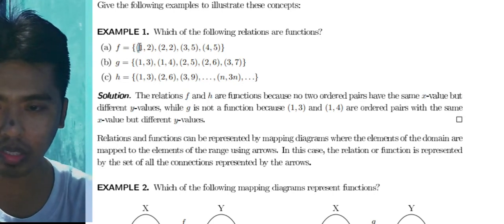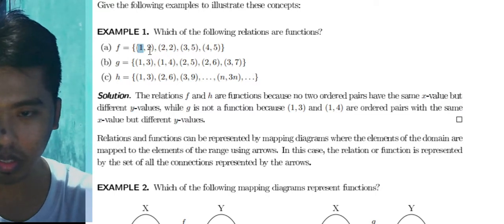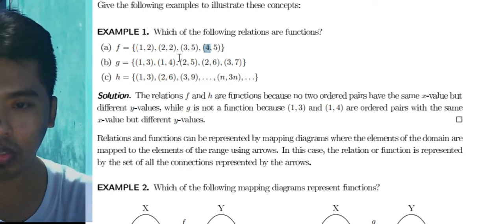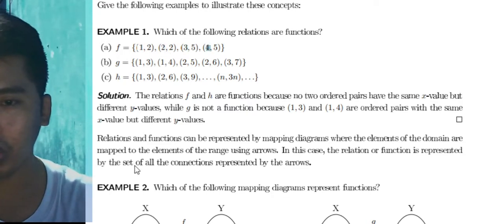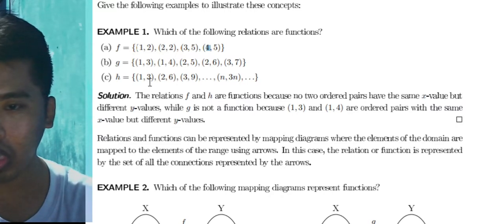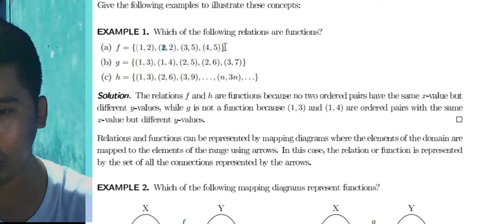For F, these are the x's: 1, 2, 4, and 3. So 1, 2, 3, and 4 are your domain, your input, or your x. As you can see, none of them repeats. Because none of them repeats, this example is a function.